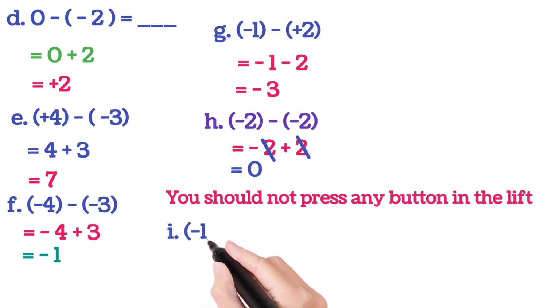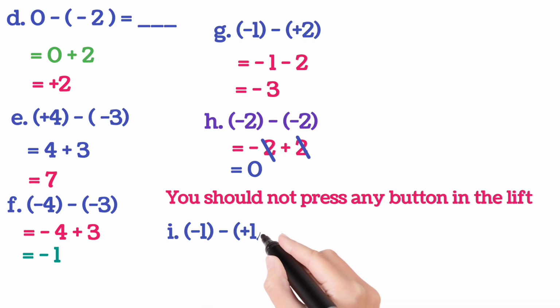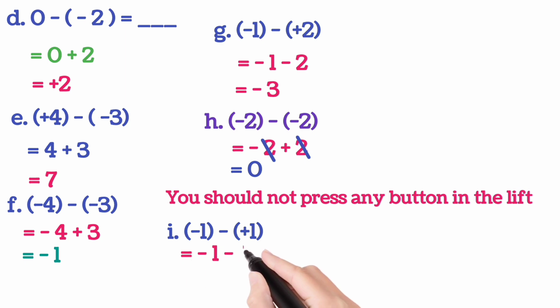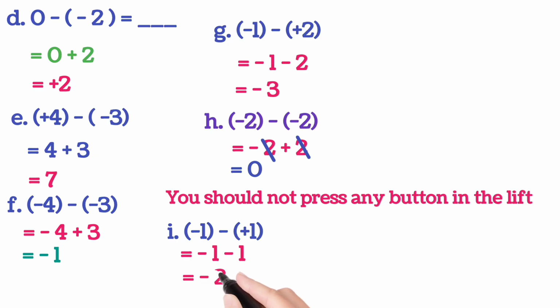Next sum, sum number I. Minus 1 minus plus 1. Now your target floor is the basement and you are on the first floor. So let us solve. Minus 1 minus plus minus 1. Both are minus, so we will do plus. So minus 1 minus 1, what will we get? We will get minus 2.